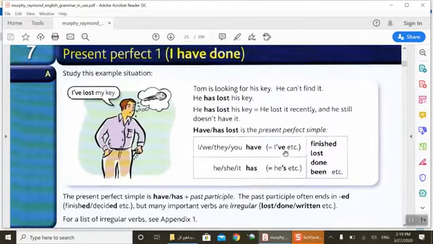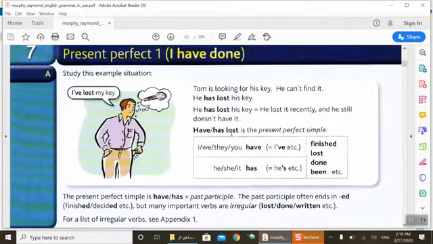Or I've, or he's. And we have here what? Past participle: finished, lost, done, been. So this is the structure: subject plus have or has, plus past participle.